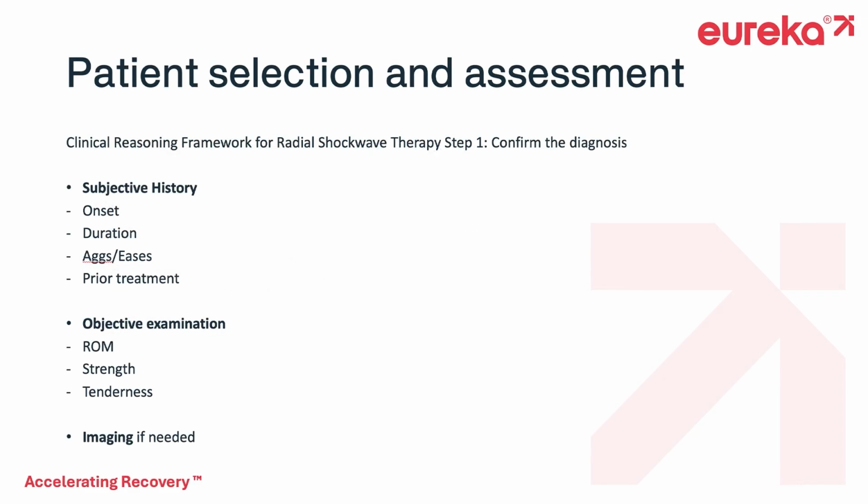Looking at each of those steps in more detail. Step 1, confirm the diagnosis. Radial shockwave therapy works best for chronic musculoskeletal conditions that have failed conservative management. Assess with history to understand the onset, the chronicity, aggravating and relieving factors, and any failed prior therapies.